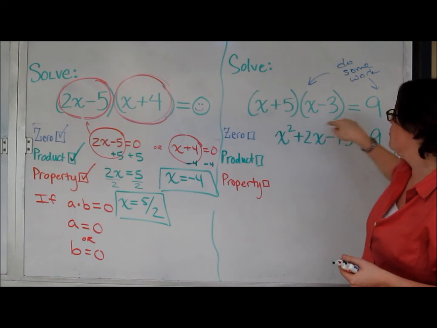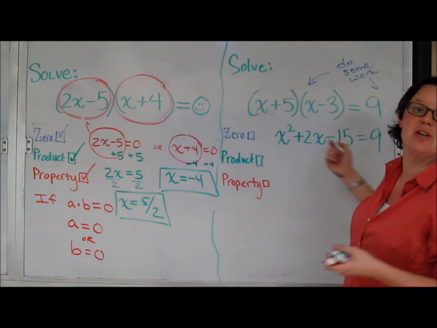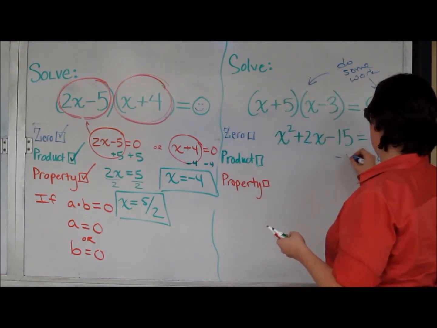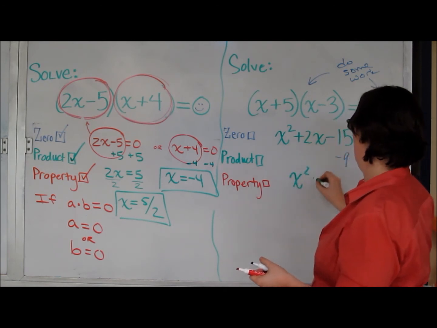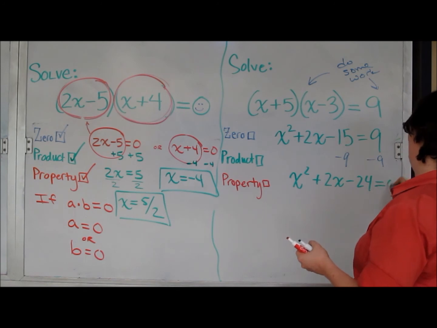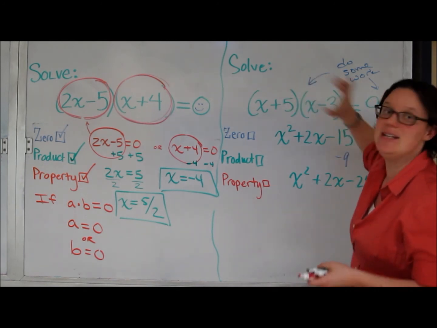So I've done some work, and the reason that was useful is now I can make my equation equal to 0. I can get ready for the zero product property. I'm going to subtract by 9 on both sides to get that x squared plus 2x minus 24 equals 0. It wasn't equal to 0 at the beginning, so I did work.